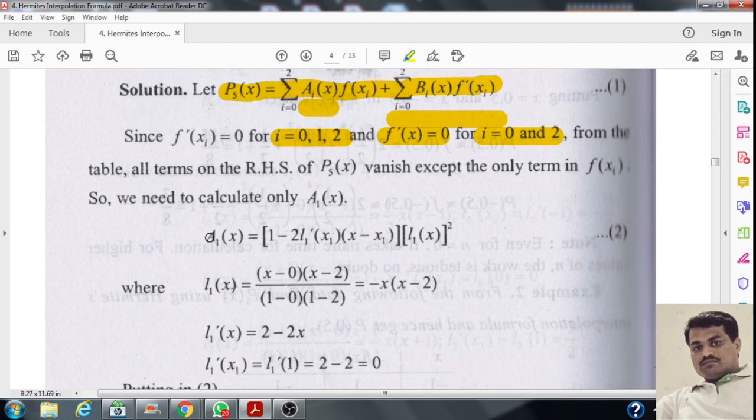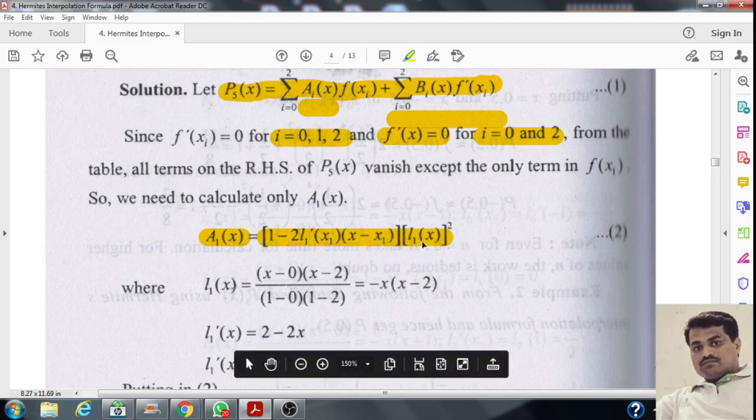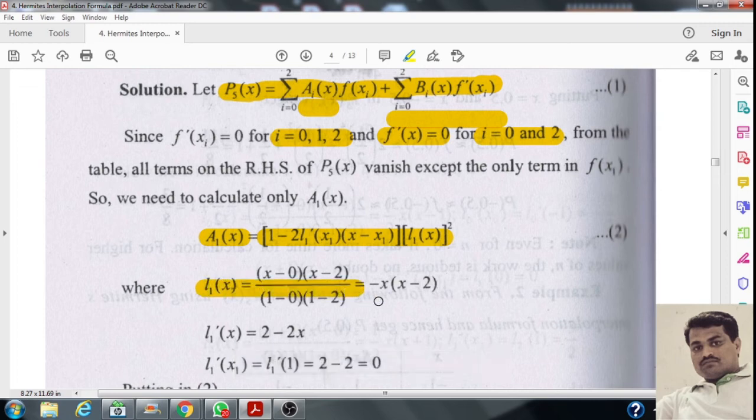Hence we consider a1x. a1x is equal to, by using the formula aix, putting i equal to 1, we get 1 minus 2 times L1 dash of x1 into (x minus x1) into L1x bracket square. Then find out this L1x. L1x means to subtract all the values of x from variable x except x1.